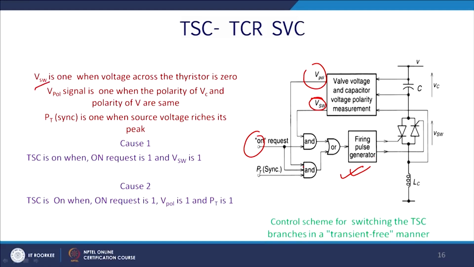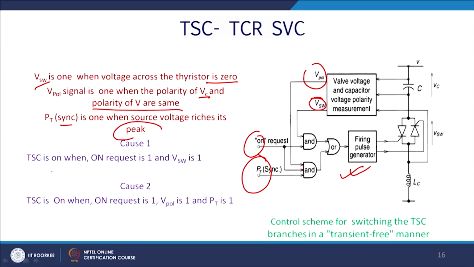When SW1 is high, or 1, the voltage across the thyristor is 0. That is the information the signal should carry. The pole voltage signal is 1 when the polarity of Vc and the polarity of the phase line voltage of the grid are the same, and PT is synchronized, 1, when the source voltage reaches its peak.